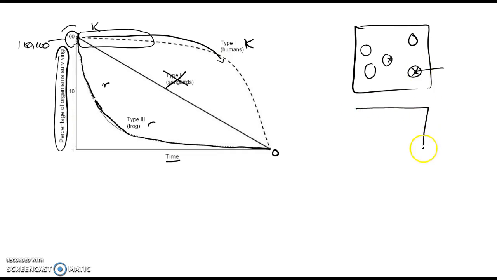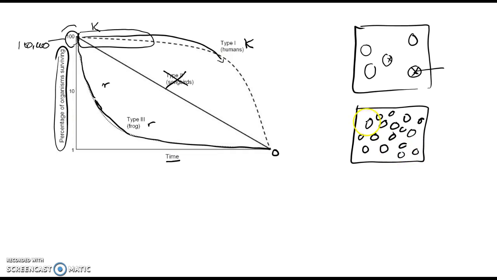But if we have hundreds of sparrows in the same area, that's much more dense, the chances of that disease being passed along from neighbor to neighbor is much greater. So disease and the spread of disease depends upon the density of the population.